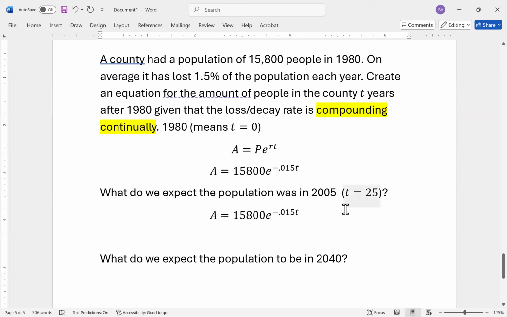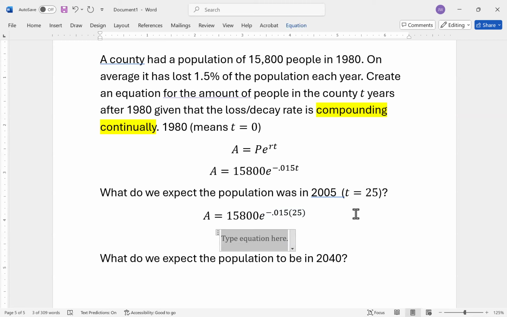We get a t of 25, and that's what we have to put in for that t value. Then it's a straightforward process of plugging this into our calculator, making sure that the negative 0.015 gets multiplied by the 25 in the exponent. When I did that, I get 10,859.17 when I round it to 2 decimal places.